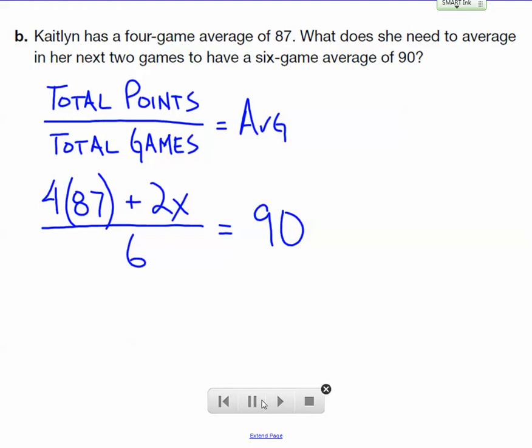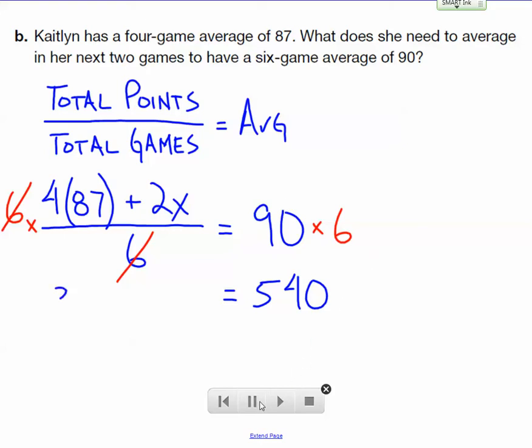So we got an equation here that can be solved. If we multiply both sides by 6, we can see how many points she needs to score over all 6 games. She would need to score a total of 540 points over all 6 games to average a 90, because 90 times 6 is 540.